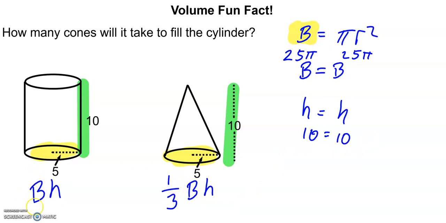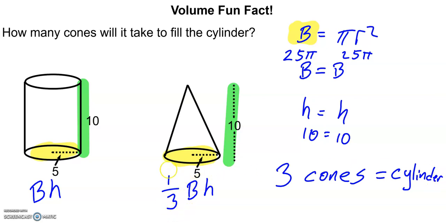So we're going to take the volume of a cylinder and divide it by 3. How many cones will it take to fill the cylinder? The volume of 3 cones is the same as the volume of 1 cylinder because of the 1/3 in the formula. That's true for any pyramid, not just cylinders and cones. It's true for all prisms and the pyramids that have the same base and the same height.